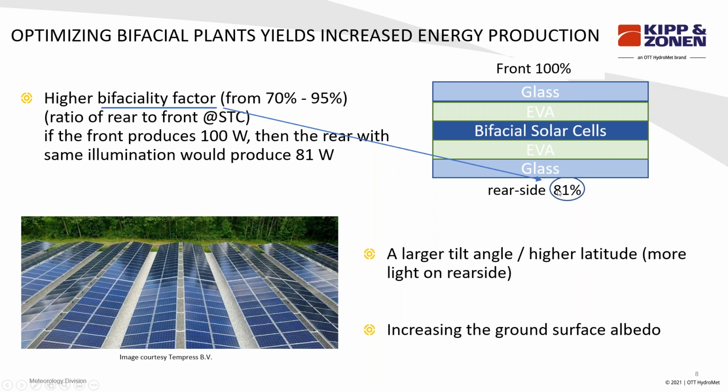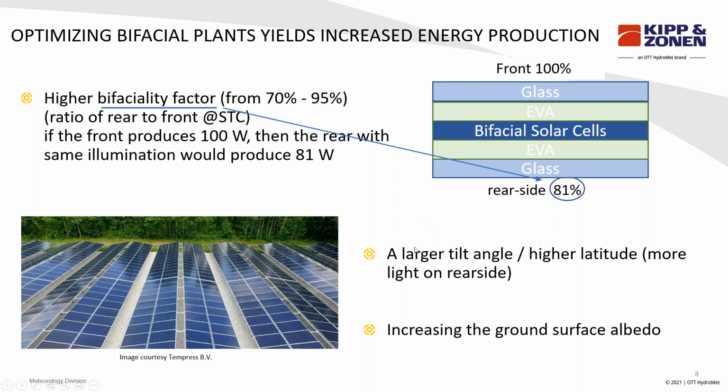And typically that's a bit less. So that can be somewhere from 70% to 95%, and a possible value would be roughly 81%. So this influences how much gain you get from your bifacial plant.